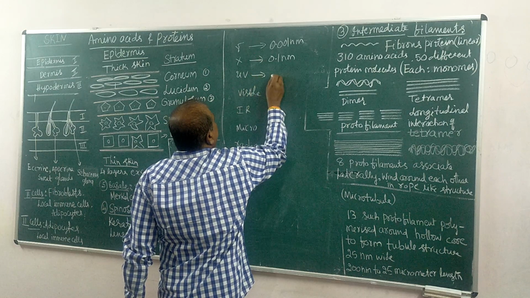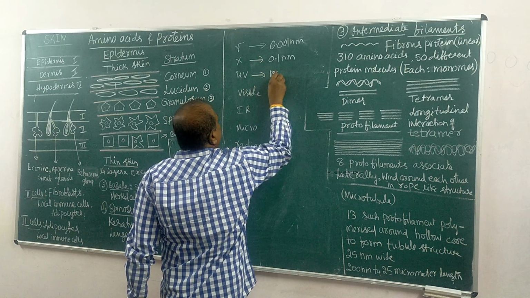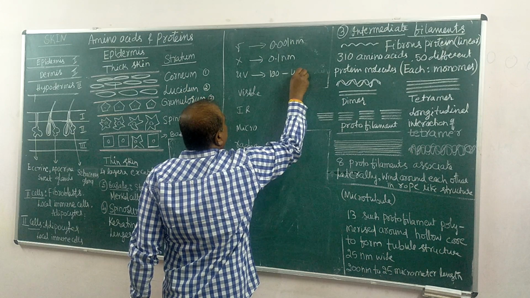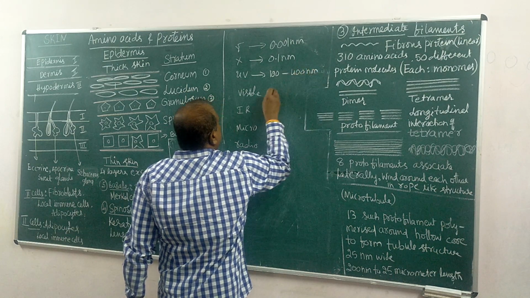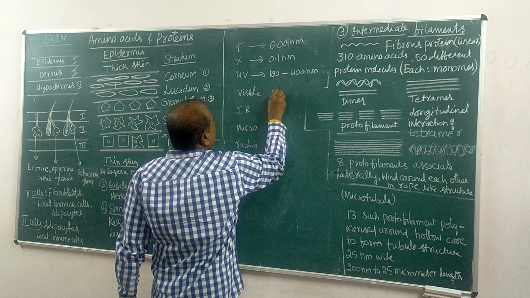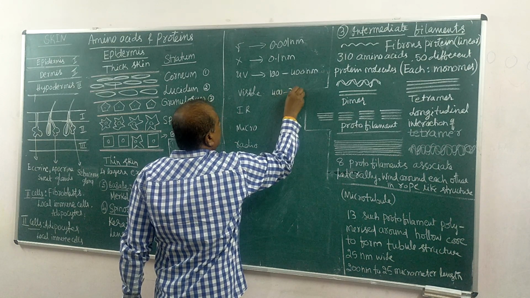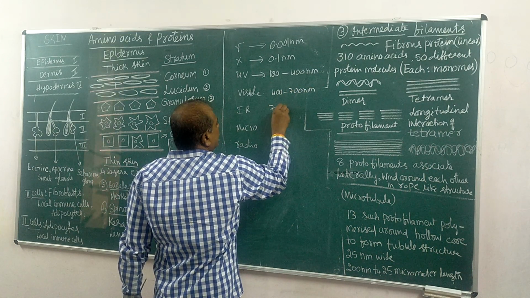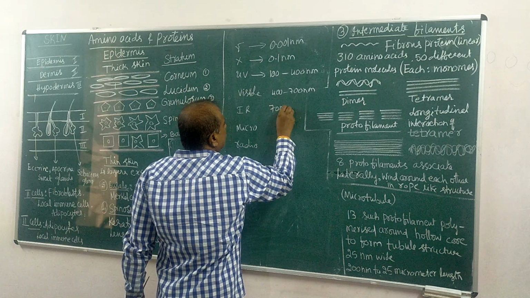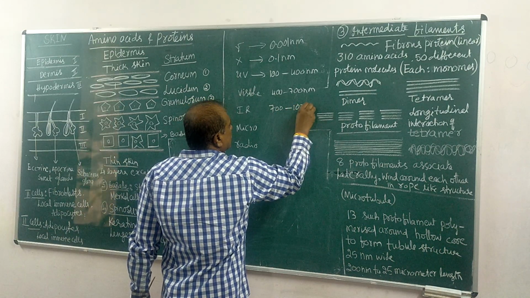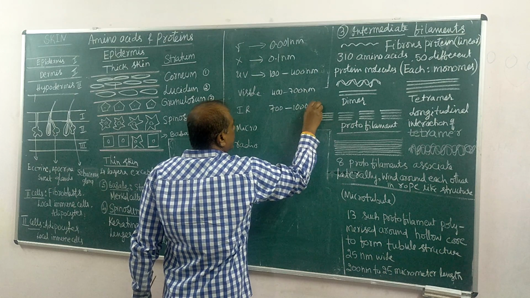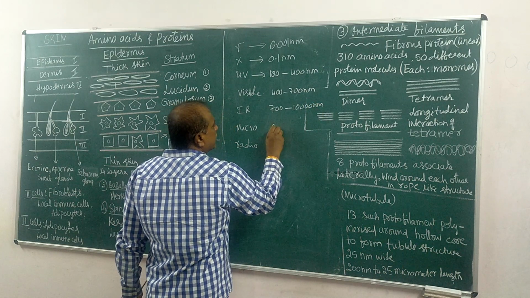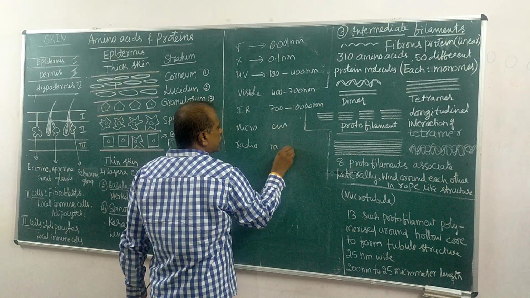UV radiation is between 100 and 400 nanometer. Visible radiation is 400 to 700 nanometer. IR is 700 to 10,000 nanometer. Microwave is in centimeters. Radio waves are in meters and kilometers.